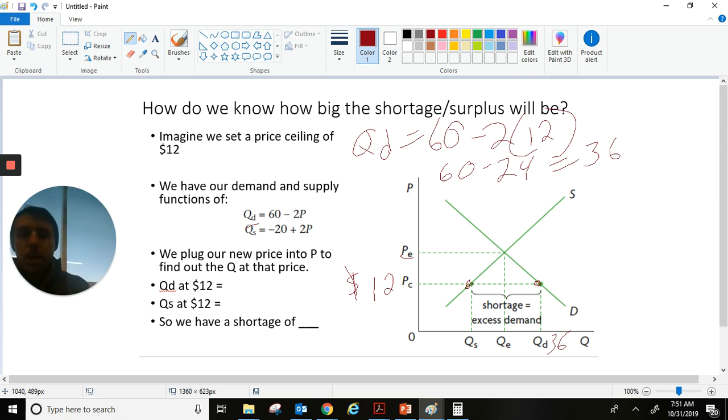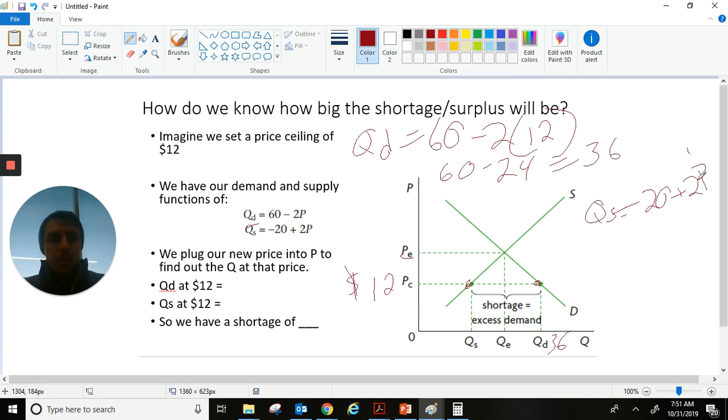Nice. If I do my quantity supplied, it is negative 20 plus 2p. I plug in 12 for p, so that gets me 24 plus negative 20. That gets me 4 as my quantity supplied, which is a bummer because at this low price, consumers are willing to buy 36 because they're stoked about how cheap it is.